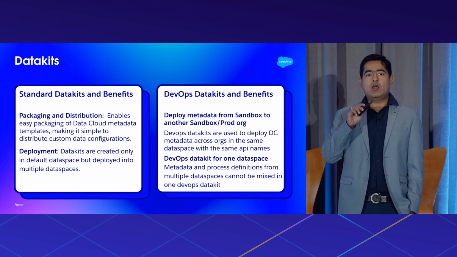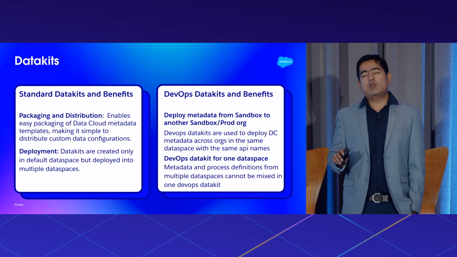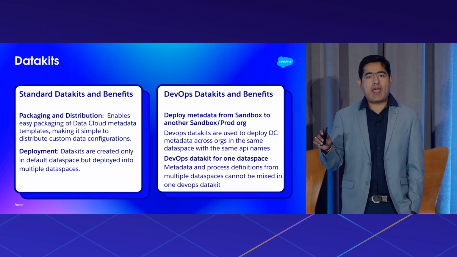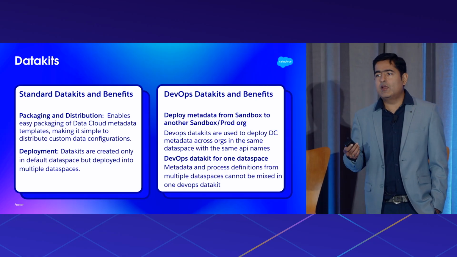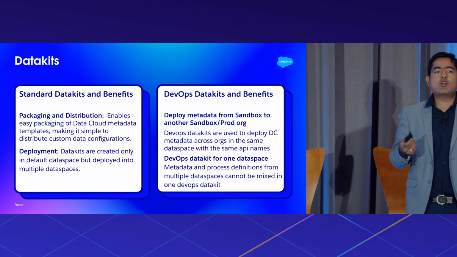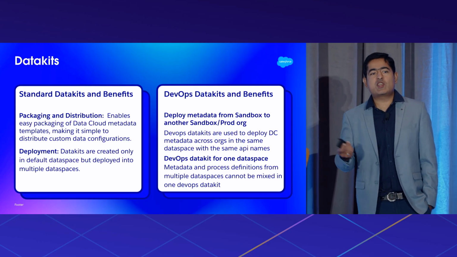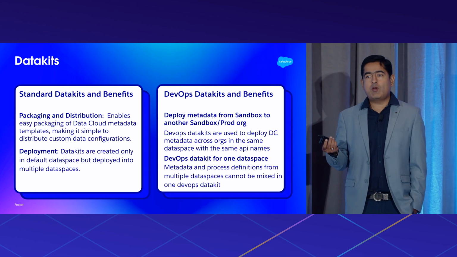You can add the configurations only from a default data space into a standard data kit, and then eventually into a package, which can then be deployed into any data space depending on how many data spaces exist in the customer org. Because the package author wouldn't know which customer is going to install that package and how many data spaces that customer is going to have.